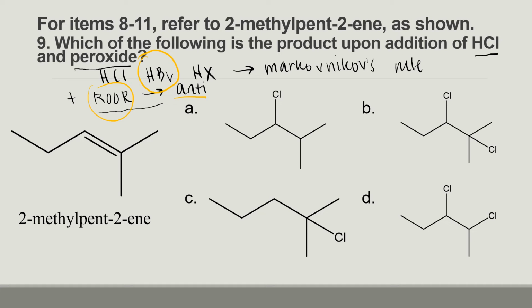So, ang ating product upon the addition of HCl and peroxide dito sa compound na ito, it will still follow Markovnikov's rule. So, it's either here siya mag-attach or here. And we know that this one is more substituted than the other one. Kaya dyan mag-attach yun. Therefore, the answer for this item is C. So, be careful na hindi naman B yung tamang sagot because HCl yung atin, hindi naman Cl2. And so, hindi siya both ng double bond magkakaroon. So, C lang.